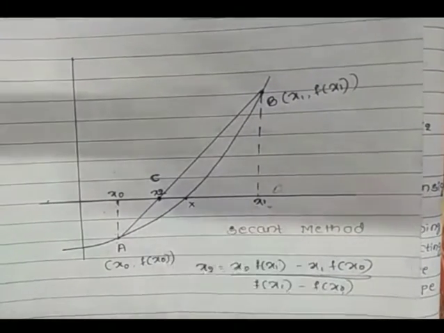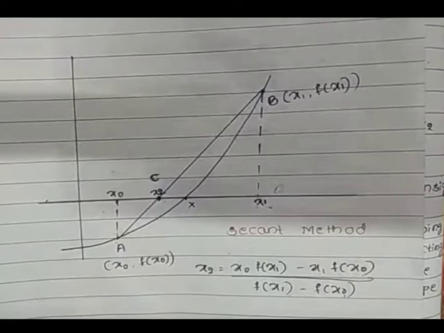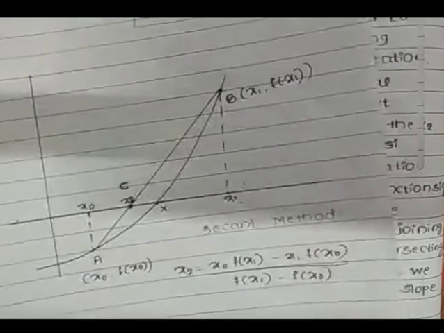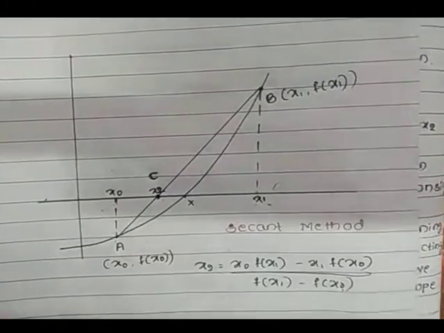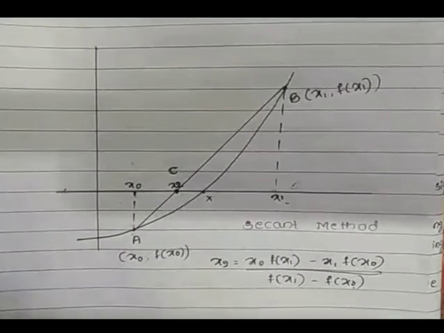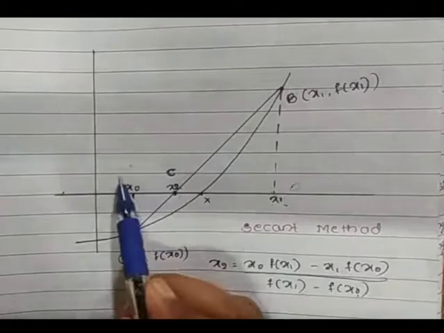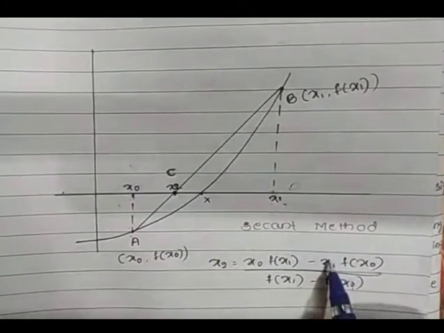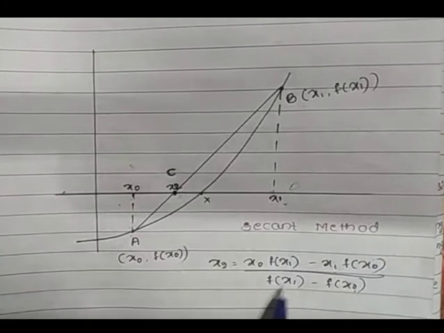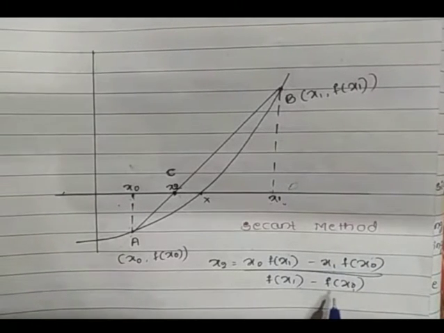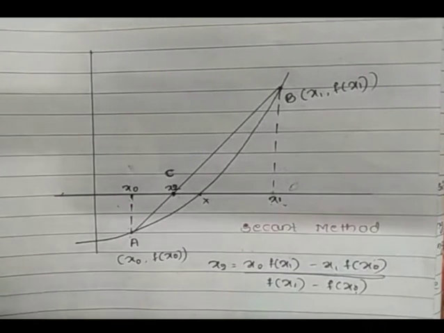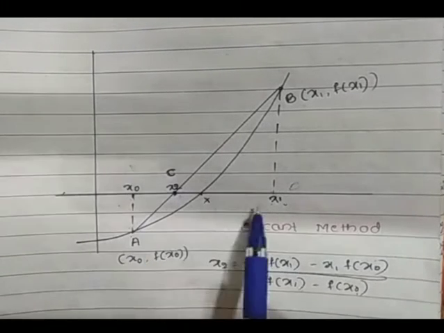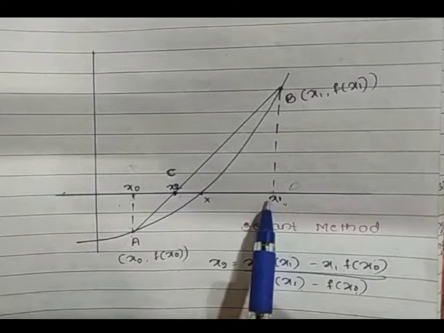To calculate the x2 value, we have the same formula as in the regula falsi method. The formula that is there in the regula falsi method, the same we have to consider. In regula falsi, here a, here b, therefore a f of b minus b f of a divided by f of b minus f of a we write. But now here in place of a we have x naught, in place of b we have x1.